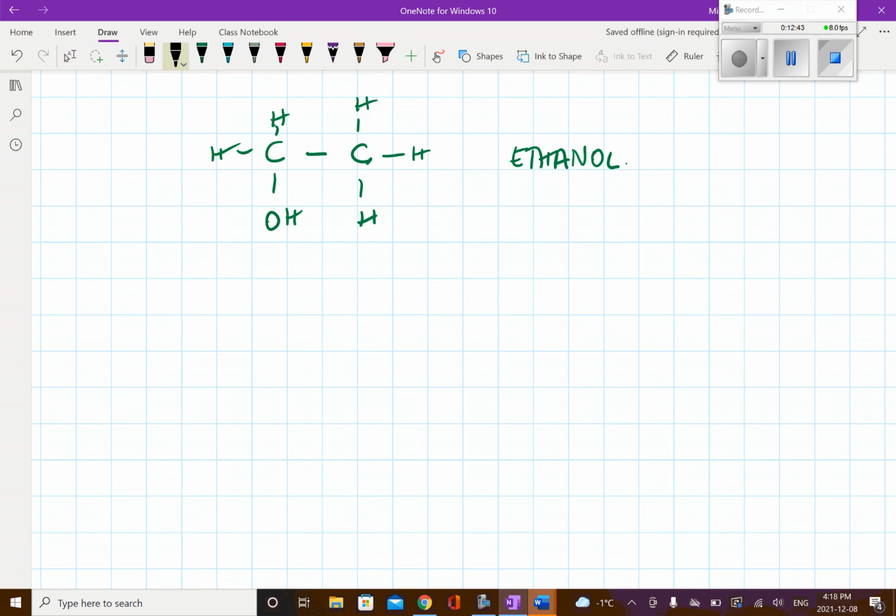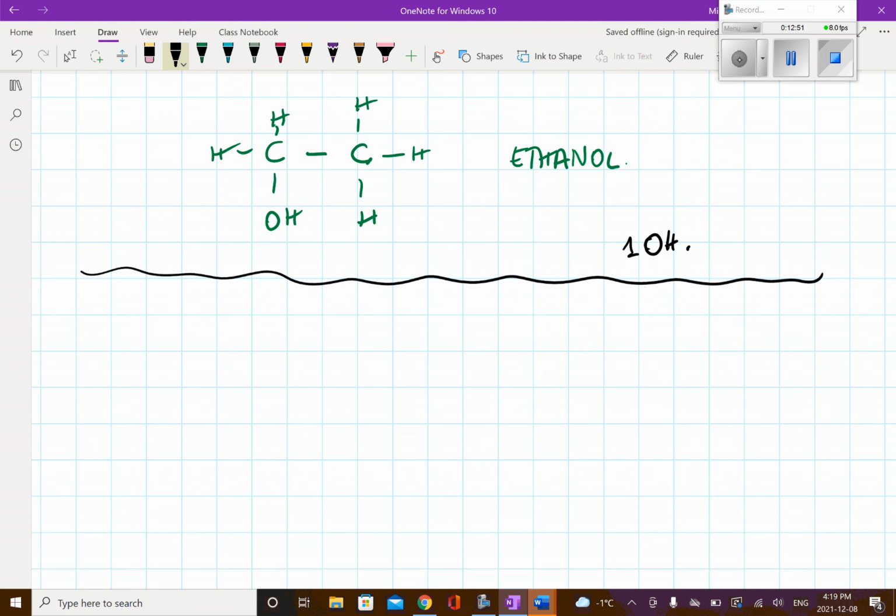Now, this is the rule when we have one hydroxyl group. But if we have multiple hydroxyl groups, then we save the E on the main chain, or longest continuous chain, and then we add the location of the hydroxyls.